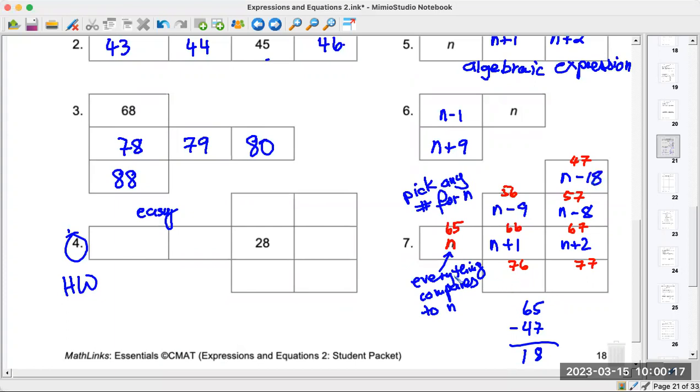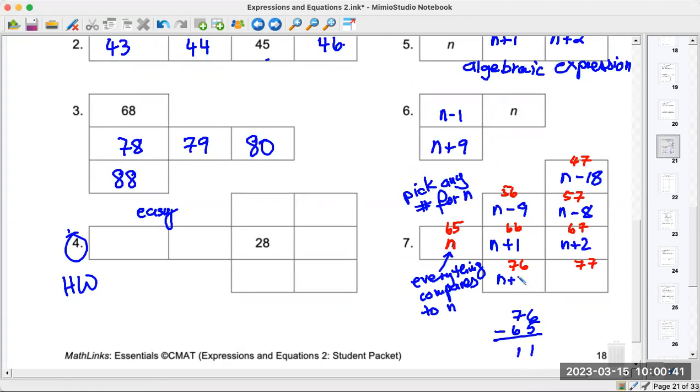And down here, I'm going to add because it's getting bigger. Do you notice 76 is bigger? So I know I have to add it to my original number. And I'm going to find out the difference between 76 and 65. I think it's 11.